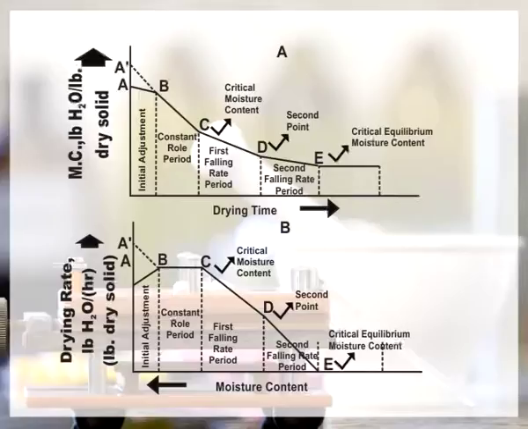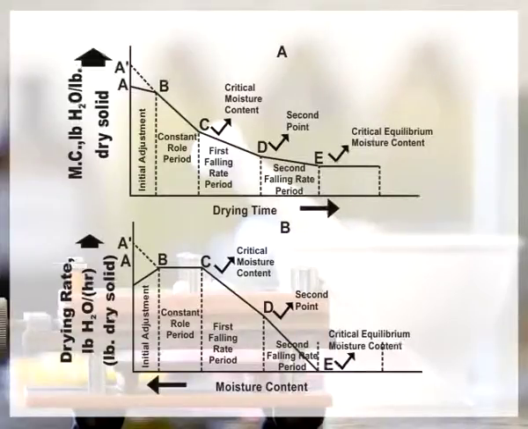Where the moisture content is less, dry spots are formed. Such dry spots start appearing and the drying rate starts falling. This is the point C, at which the decrease in drying rate starts, and it is referred to as the critical moisture content.